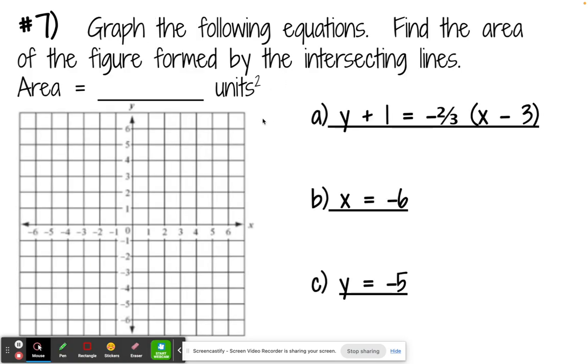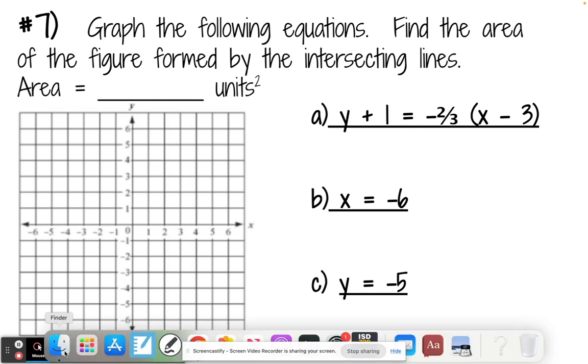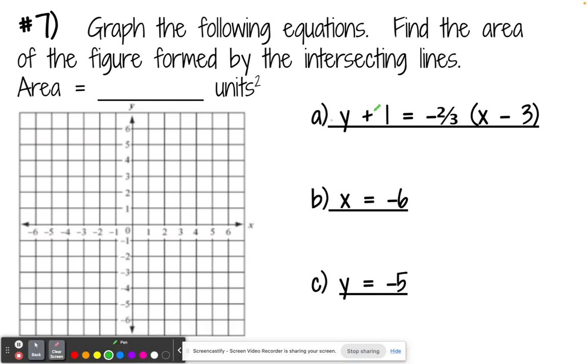Graph these equations. Find the area of the figure formed by the intersecting lines. Wow, this sounds crazy. Let's give this a try. y + 1 = -2/3 (x - 3). Well, let me pull my point out from here. My x will be 3. And my y, this is point slope form. Since this is plus 1, it has to be a -1. And my slope is -2/3.